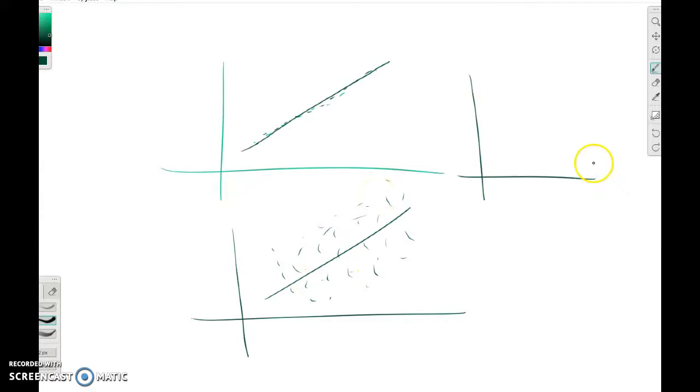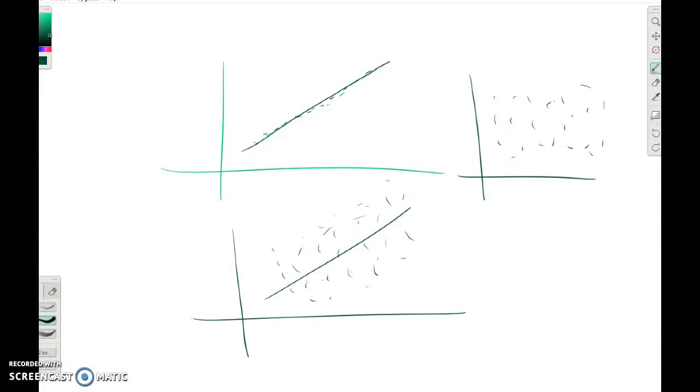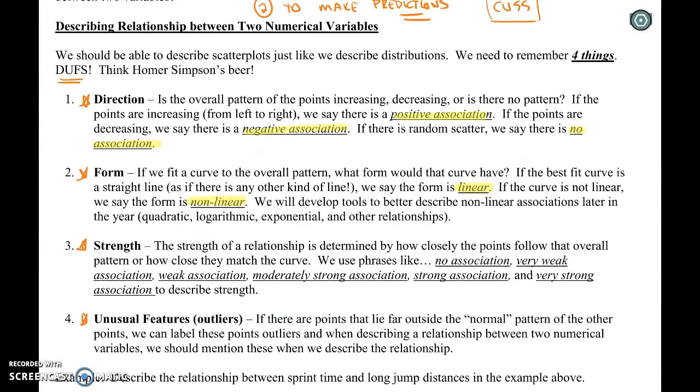And if there's no pattern, perfect scatter, we'd say there is no relationship. So I would probably say this is a moderately strong relationship. We'll talk later about how to quantify that, but for right now, moderately strong. We use phrases like no association, very weak, weak, moderately strong, strong, very strong.